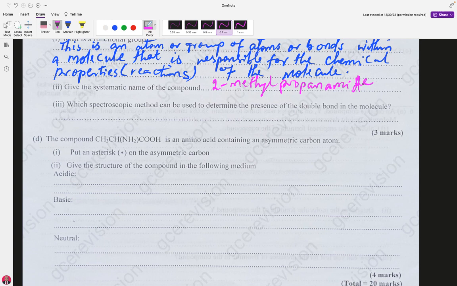In this method, they study the molecules, recording their interaction with radio frequency electromagnetic radiation to determine their structures, the bond types, and the number of molecules that are there.